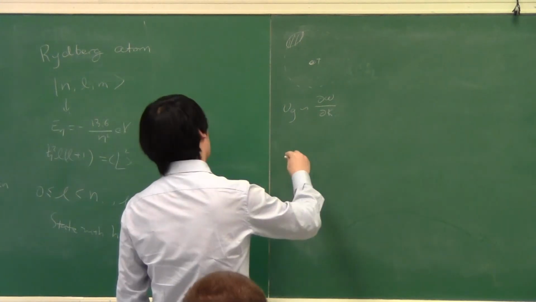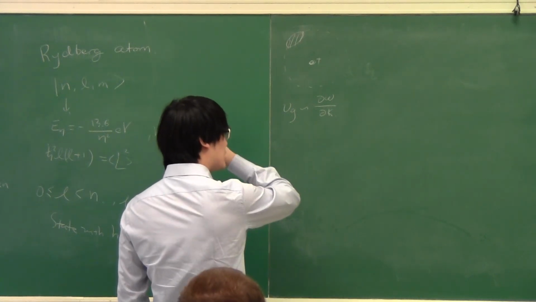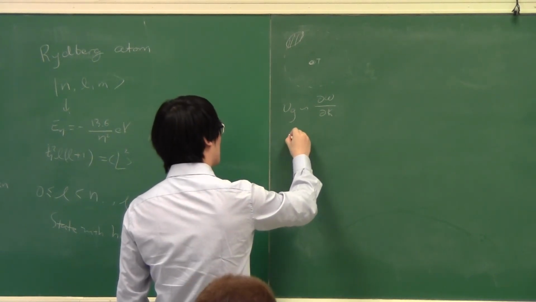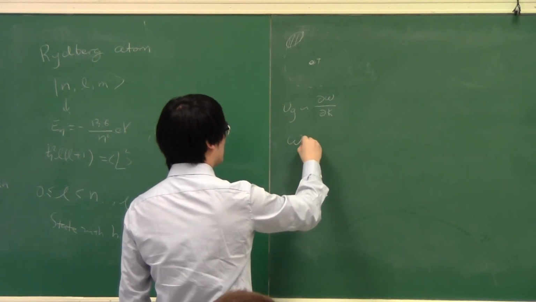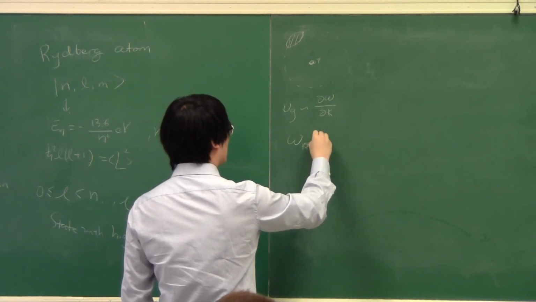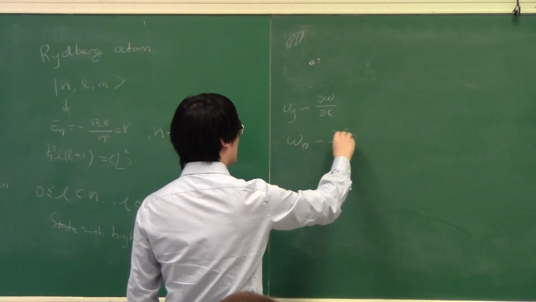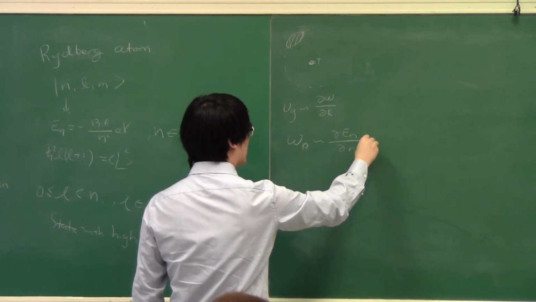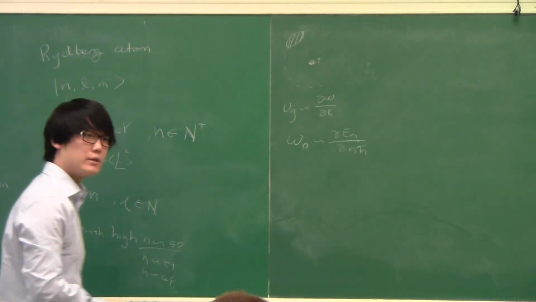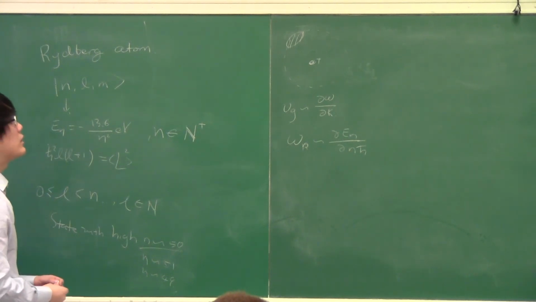So then we get that the angular velocity, omega of rotation, let's call it omega rotation, is roughly the energy difference divided by h bar, because we need to turn the energy of the n state into a frequency. So this is what I mean.